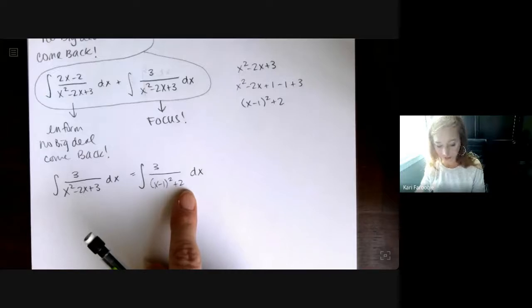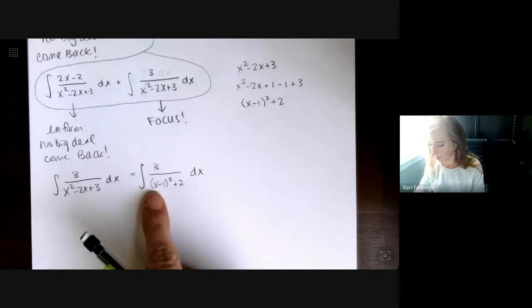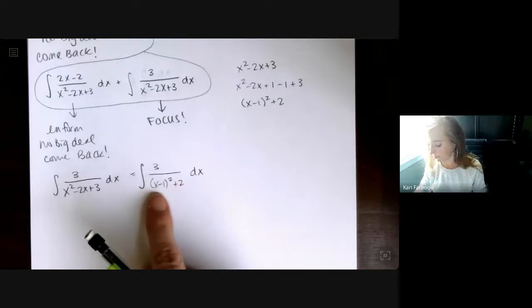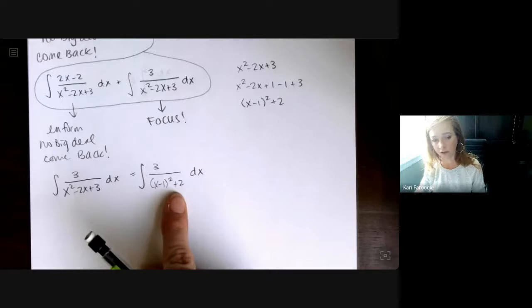You can do that, or you can force this into a trig substitution where you have this quantity under a radical being squared. You can do that also. It's kind of up to you. How do I want to do this? Honestly, I was planning on doing a trig substitution, but now I kind of want to fit this into an inverse tangent form.